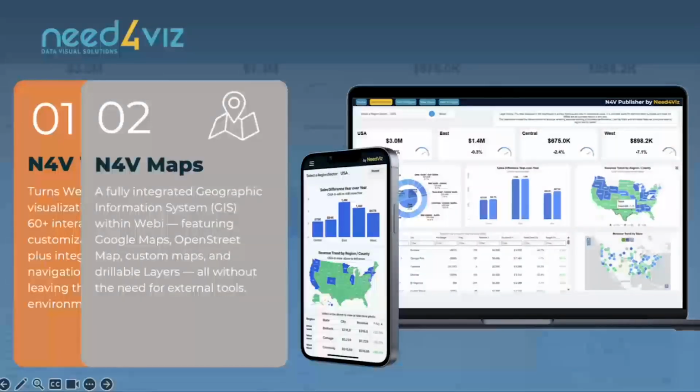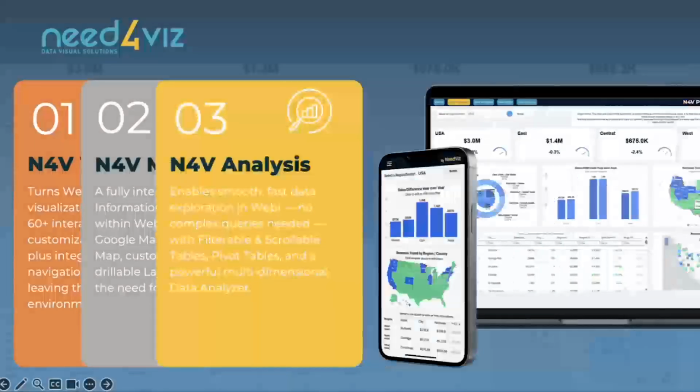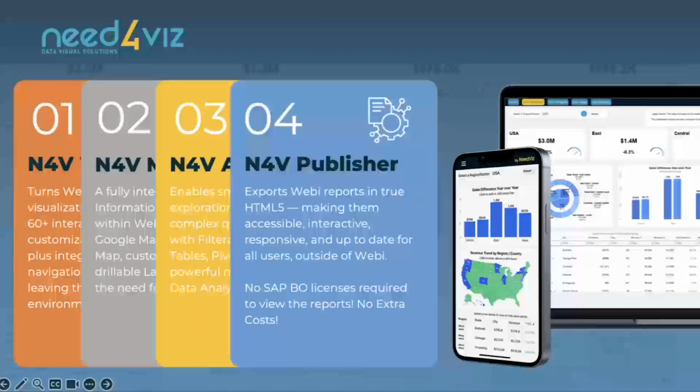This allows the integration of offline and online maps and custom plans directly into Webby. And the third, N4V for analysis. This is an advanced pivot table for in-depth data exploration in filterable and scrollable tables. The fourth and final, and my favorite, is N4V Publisher, which is designed for distributing information outside of Webby.